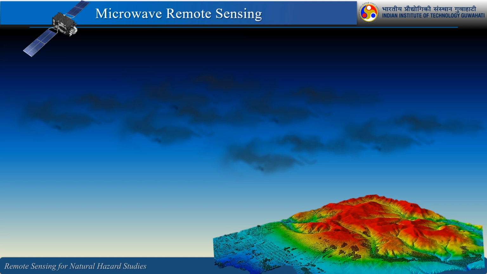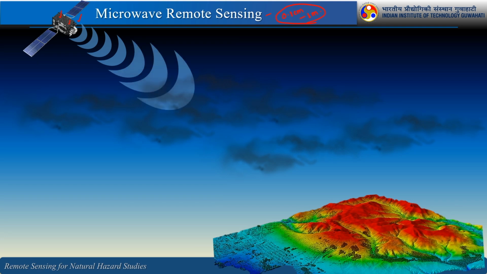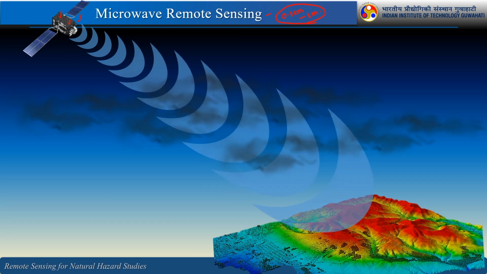This particular slide will explain the active microwave remote sensing, where the sensor itself has a source of light in the microwave domain. So, this is 0.1 centimeter to 1 meter, right. In this domain we have a source which is available with this particular satellite, and this is illuminating the surface. You can see how the pulses are sent and then it is reaching the ground, right.